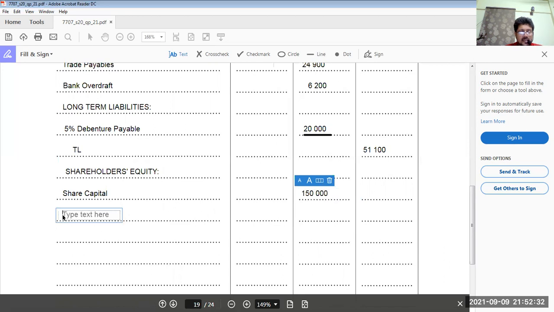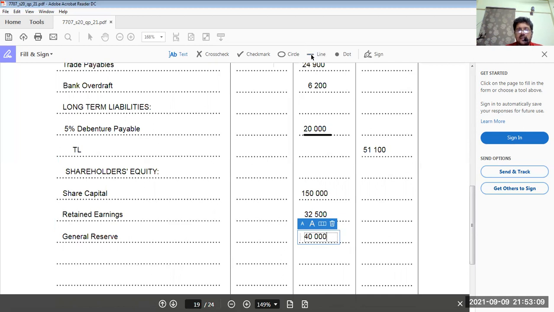Retained earnings. How much? Balance from the retained earnings account. We have made the statement of retained earnings, and the balance was 32,500. And general reserves, 35,000 old, 5,000 new, so total general reserves 40,000.